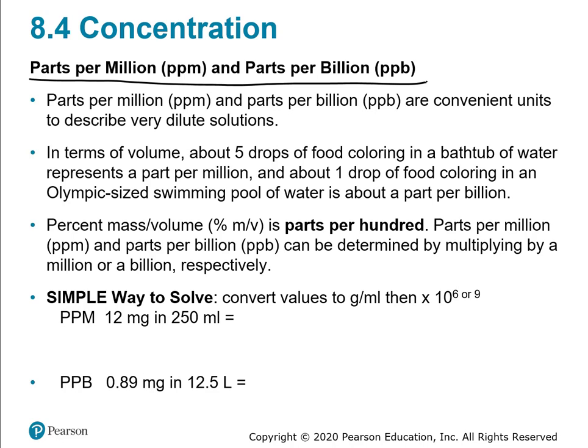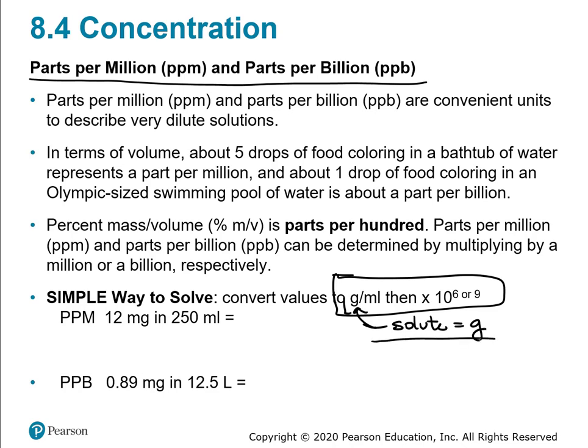So the easiest way to solve for this is this. Always do this. Even though it means you have to do some unit conversions, put your solute in grams, put your solution volume in milliliters. So make sure that your solute is in grams.